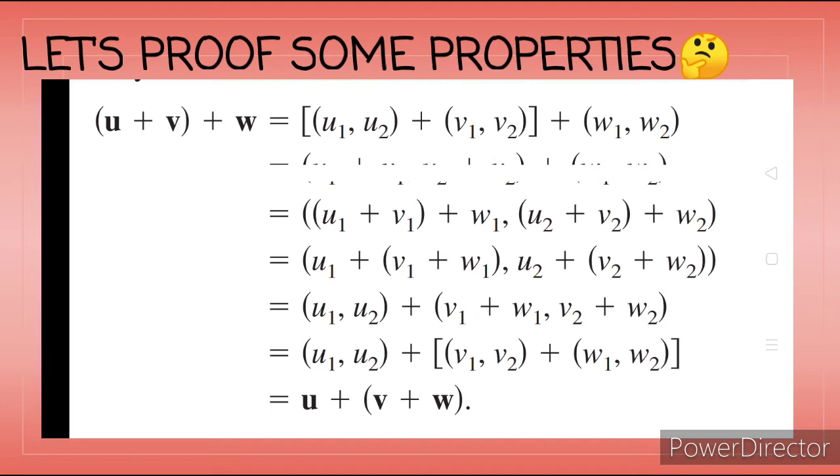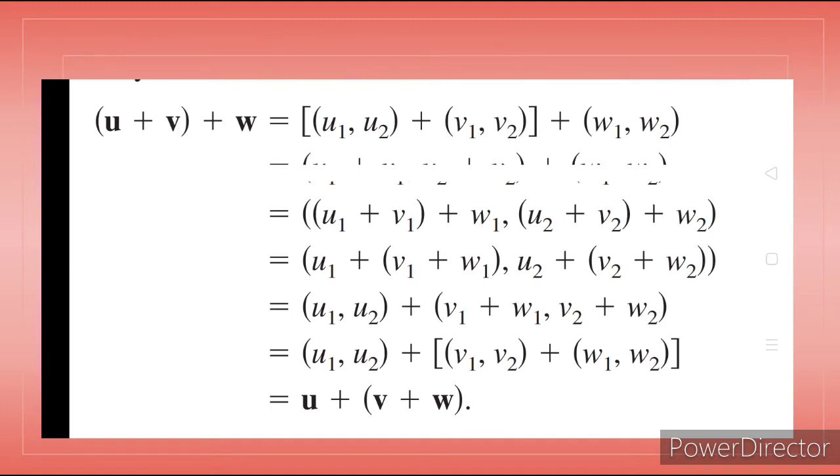Take note that when we add vectors in the plane, we need to add their corresponding components. Then it becomes (u1 + v1 + w1, u2 + v2 + w2).